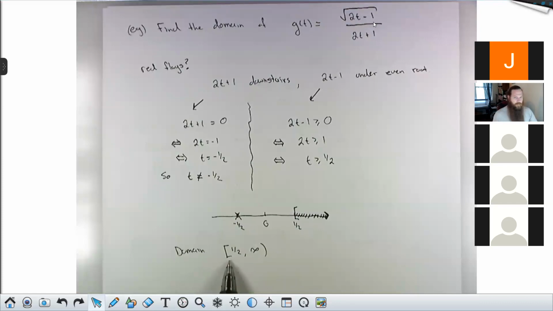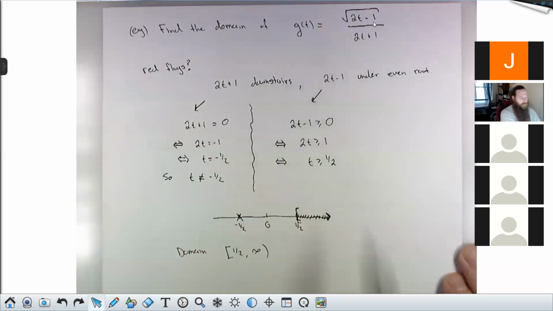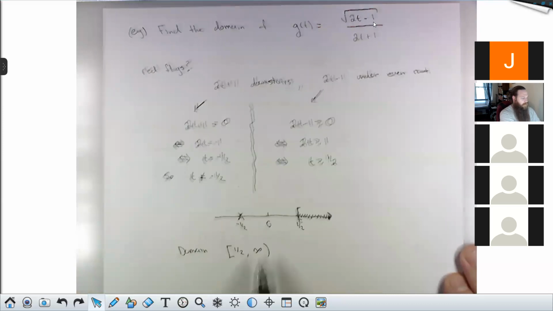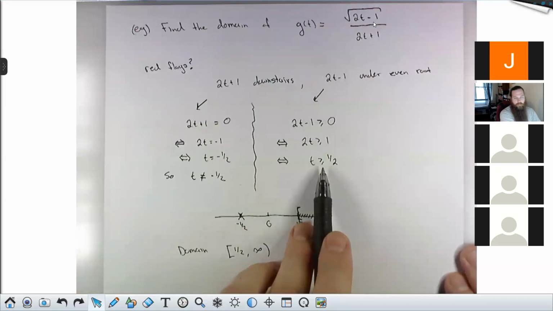Yeah, so it's a closed bracket over here and an open paren over here. So 1/2 itself is allowed, right? Really, this set right here, the left closed, right open interval from 1/2 to infinity, is the interval form of this inequality.